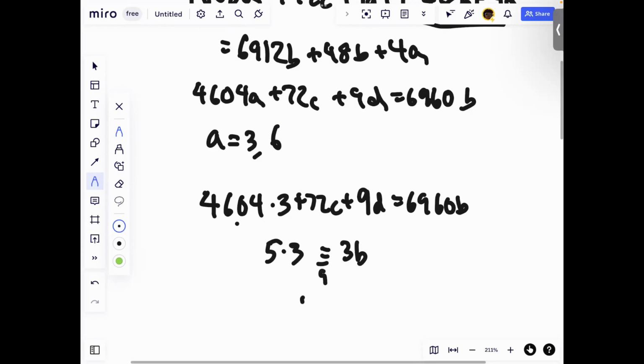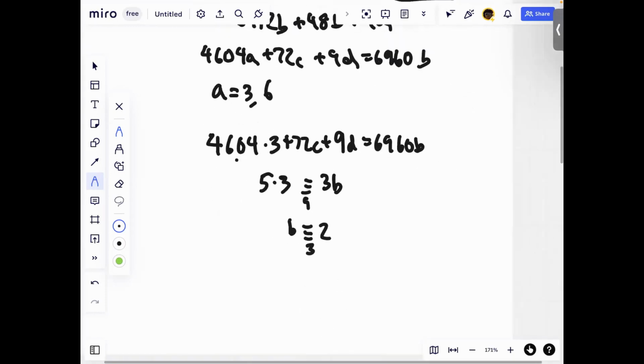So B must equal 2 mod 3, so B can be 2 or 5. Since they're all single digits less than 8, only B equal to 2 makes sense in this case.